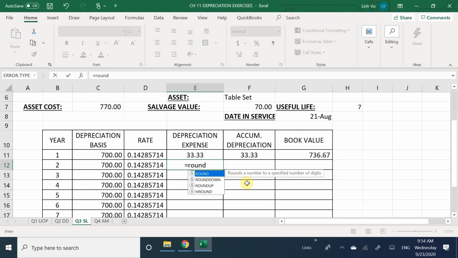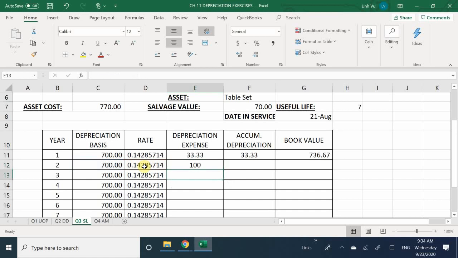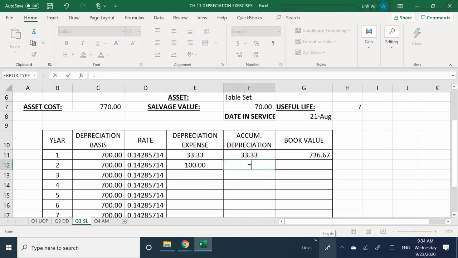It's going to be 100, comma 2. Yeah, round it off. 100. Good. $100. Yes, because eventually once you get that 3, it starts to add up and then it's going to add up to be 100. Good. So then what is my accumulated depreciation going to be?